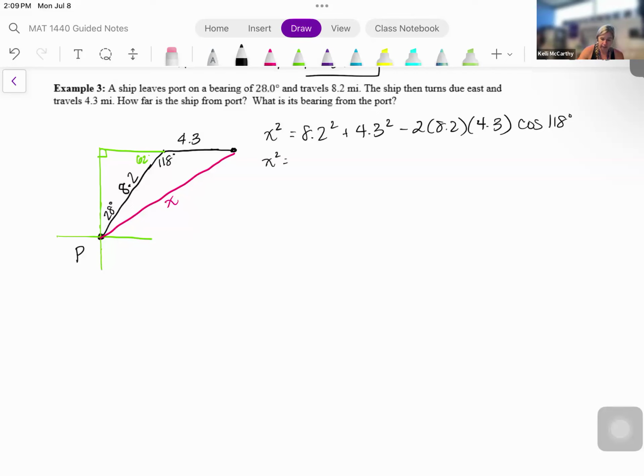We get that x squared is equal to 118.837, and that decimal continues. We take the square root of that exact answer. We find that the distance between the ship and the port is now 10.9 miles.